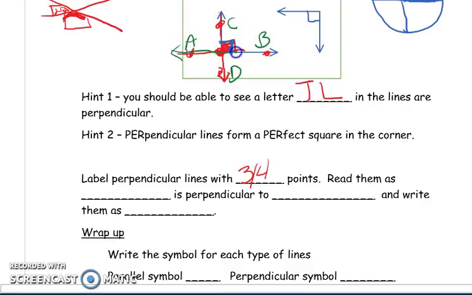So this line AB is perpendicular to line CD. So you read them as line AB is perpendicular to line CD. And you write them as AB, and you put the line with the arrows on it, is perpendicular to line CD.